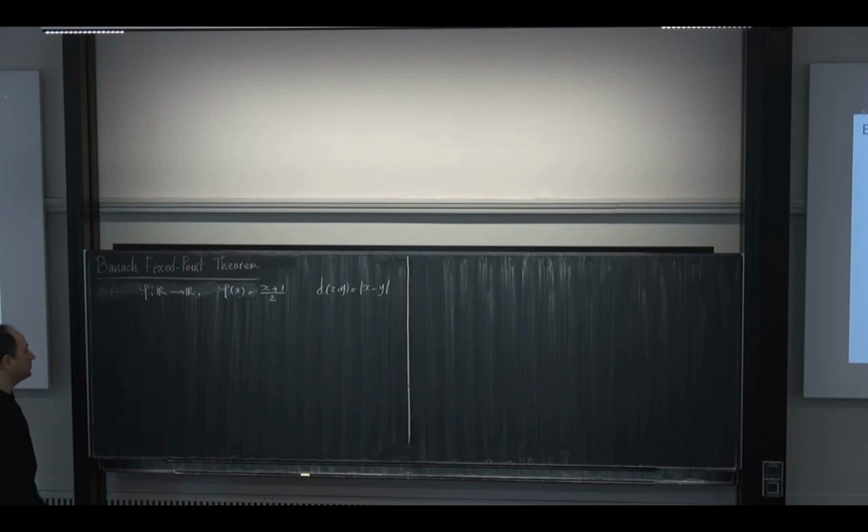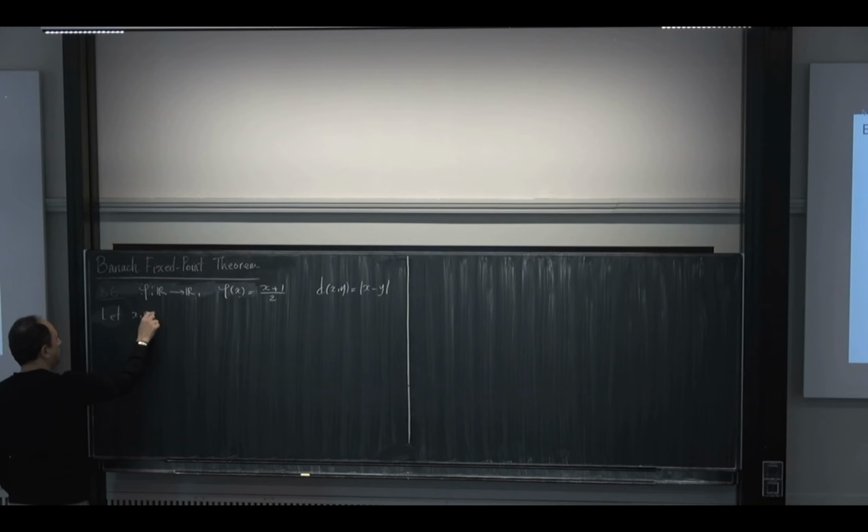So what I have to do is calculate the distance between phi x and phi y. Let x and y be in my metric space. Then I measure the distance between phi x and phi y to see how it goes. I want to show that it is less than or equal to a factor multiplied by the distance.